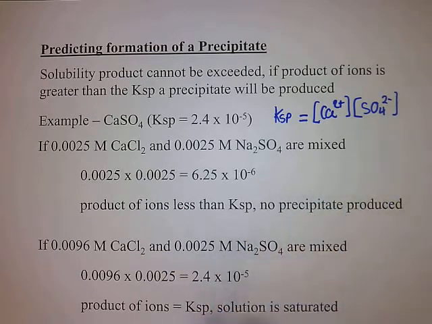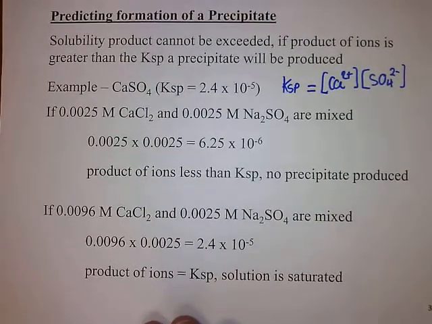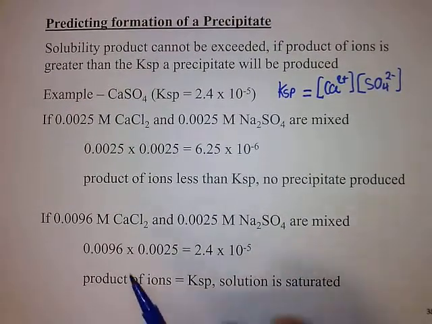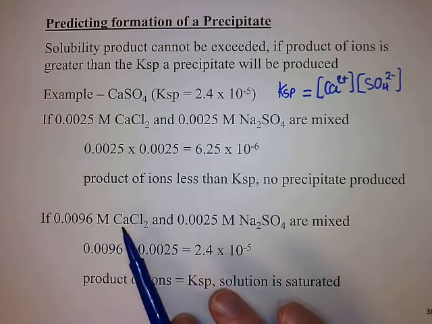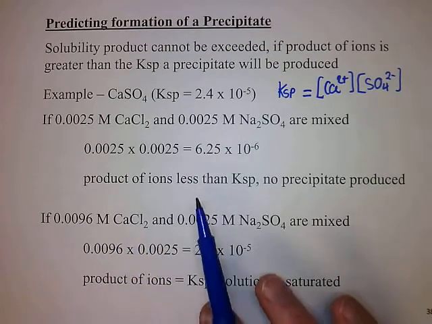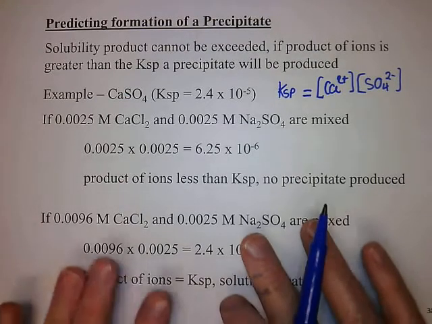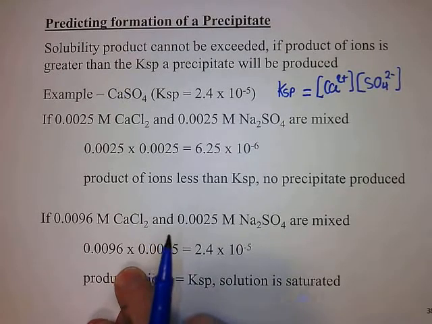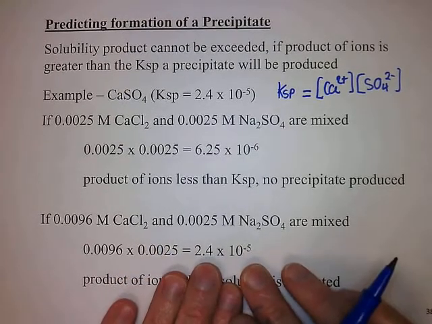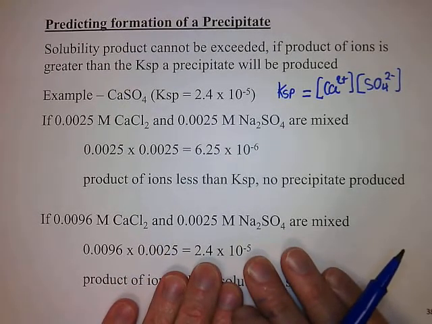Okay. Now let's suppose we go to a solution that is 0.0096 molar calcium chloride and 0.0025 molar sodium sulfate. And you multiply those two together and you get 2.4 times 10 to the minus fifth. Okay?